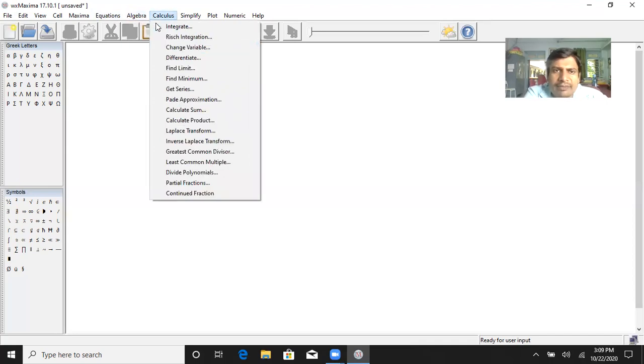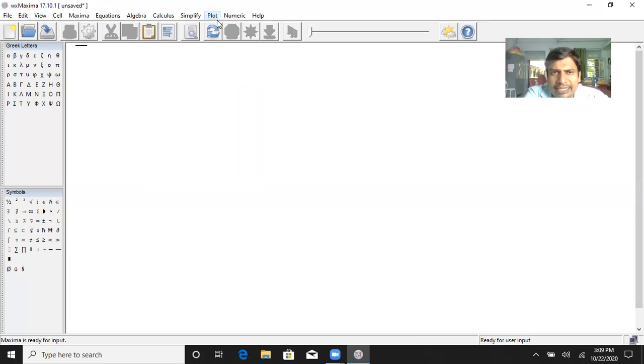Then Calculus, that is differentiation. Integrate is there, differentiate is there, find the limit and find the minimum. This is Laplace transformation, which is for the final year, if some student has studied it. Then Plot, that is the 2D and 3D graph, a 2-dimensional graph and 3-dimensional graph.